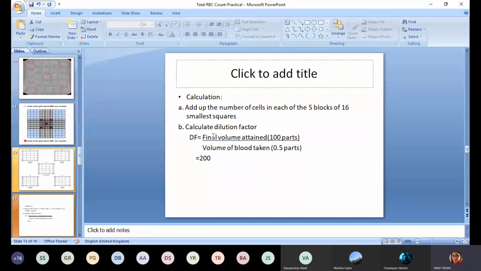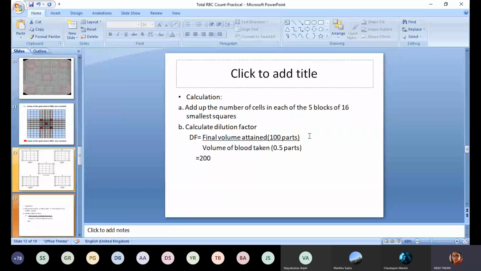So you know that in the RBC pipette, initially the volume of the blood that you took was 0.5, isn't it? You took 0.5 of blood, and the total amount of fluid was 100, because you sucked it up to 101.